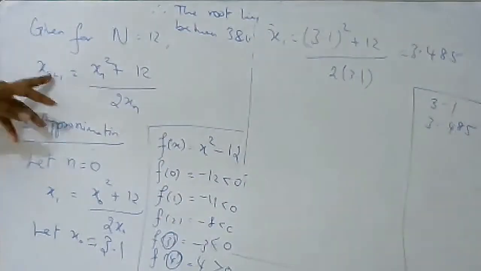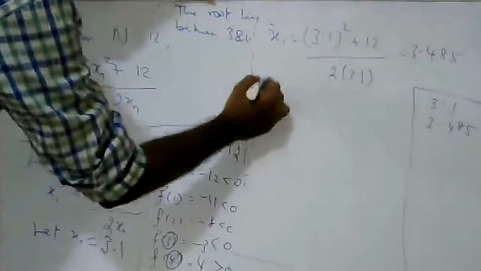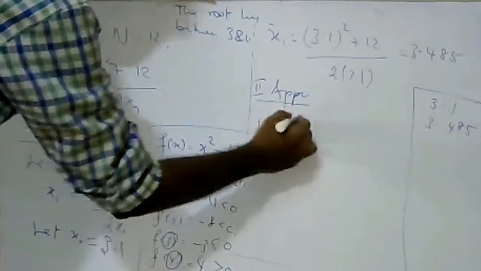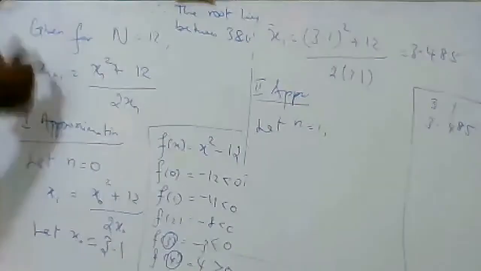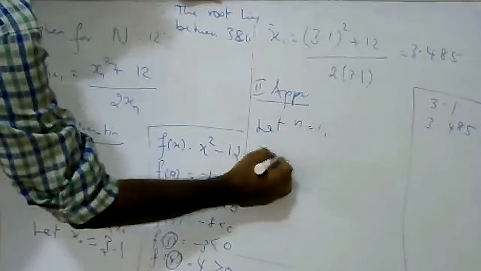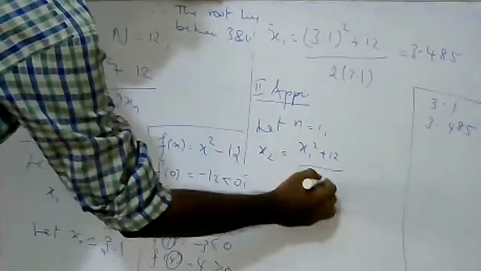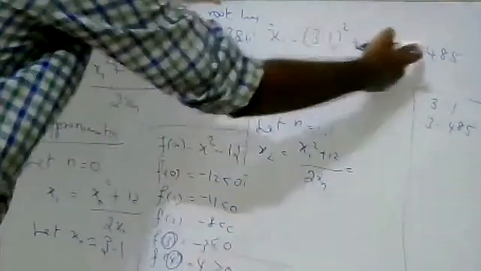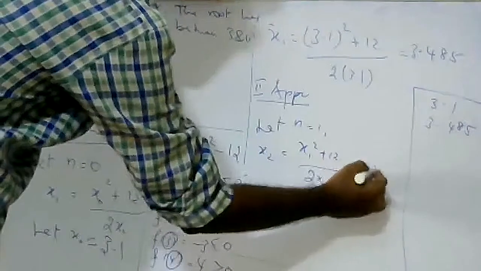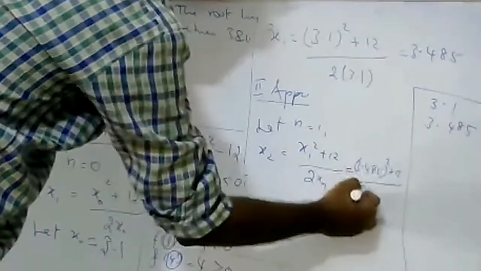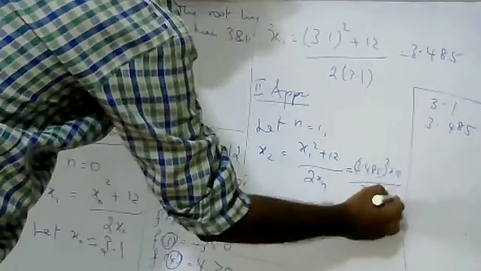Again you have to use the formula. Now the second approximation: let n equal to 1. Substitute in the formula. x2 equal to x1 square plus 12 divided by 2x1, which is nothing but, with x1 value 3.485, 3.485 the whole square plus 12 divided by 2 into 3.485.